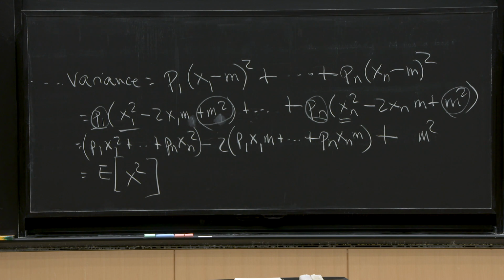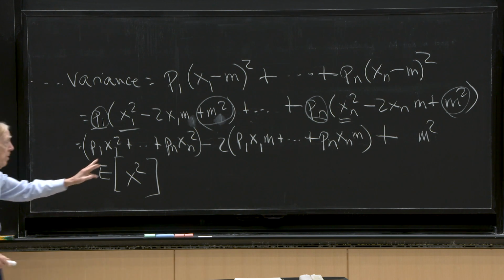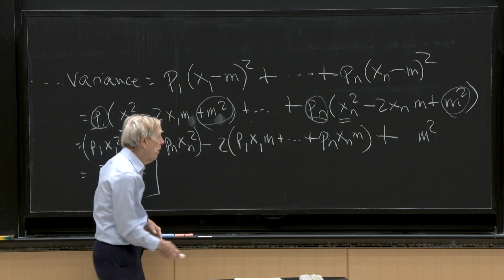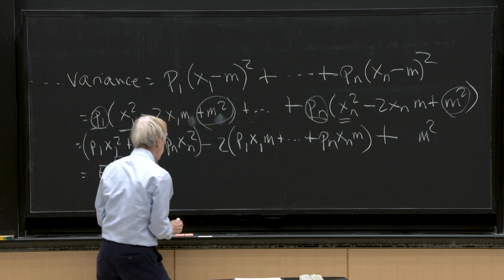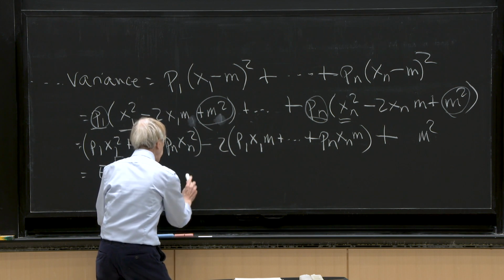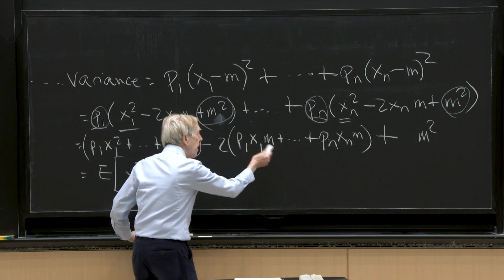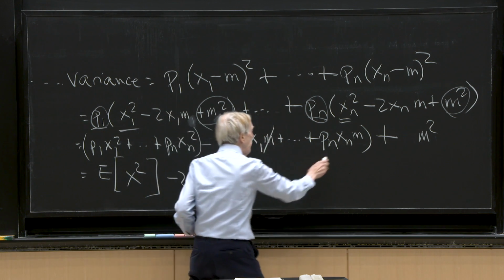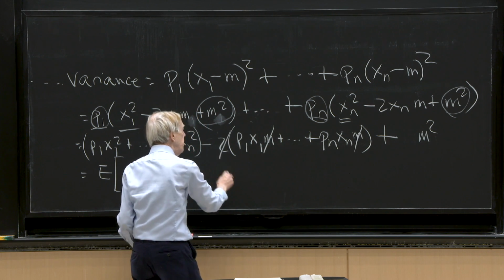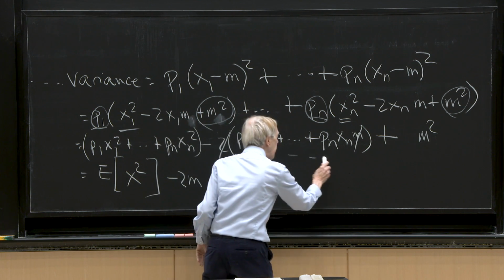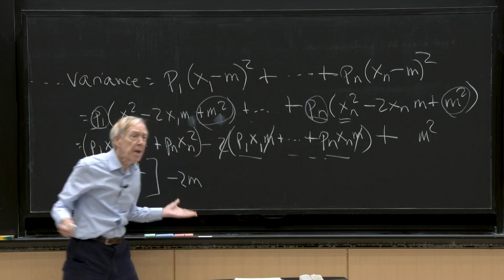This is just the first term from here. But now what do I get for this second term? Well, the point is that m comes out. So this is minus an m and a 2. And what do I have left? So I've used up the m. I've used up the 2. p1 x1 plus pn xn. What's that?